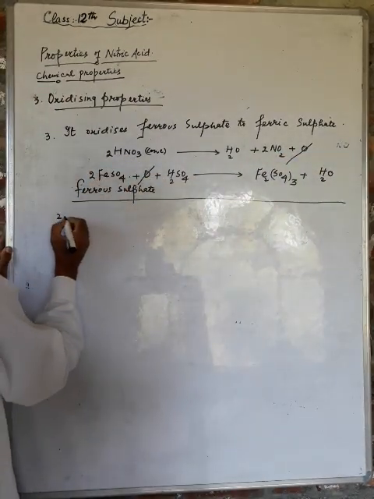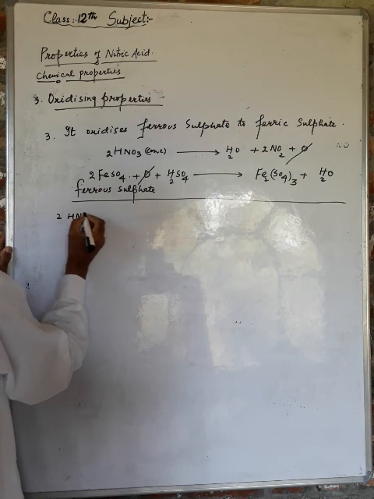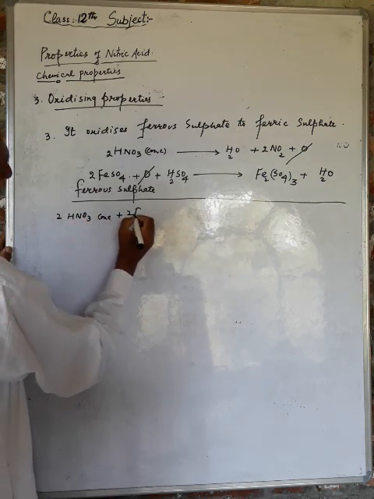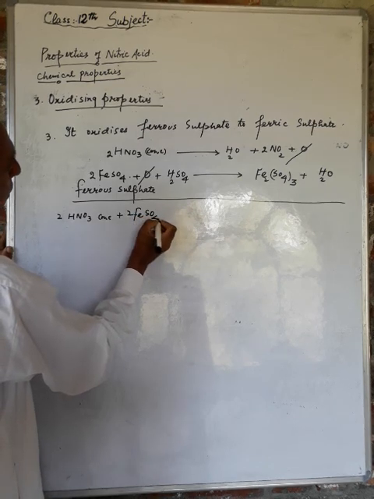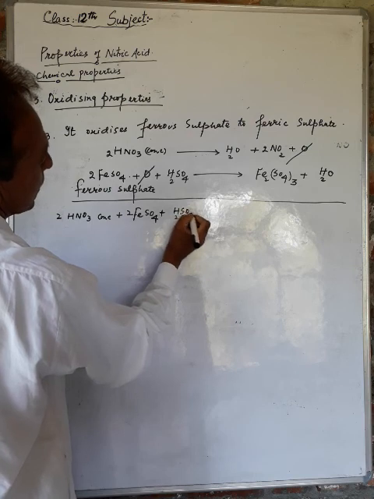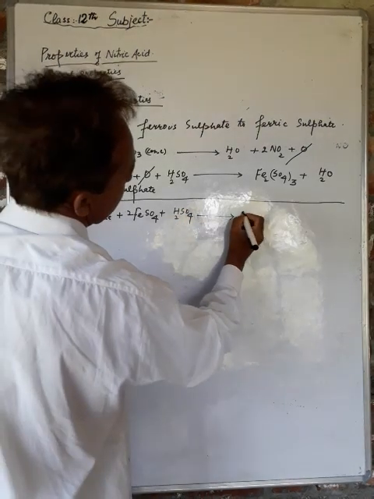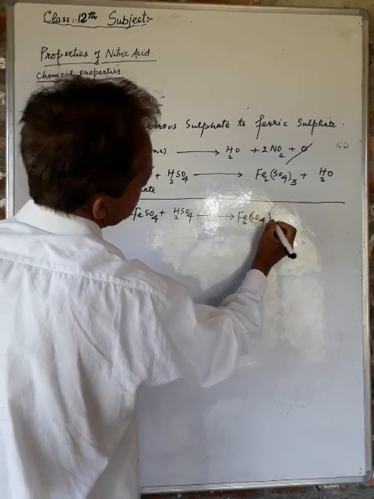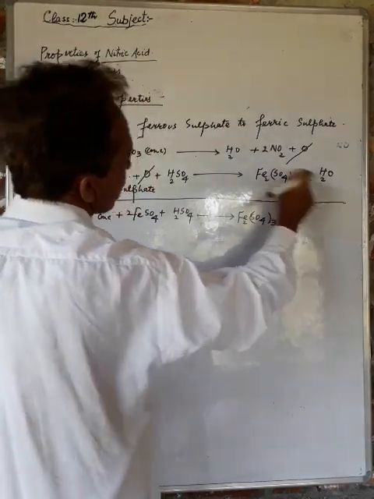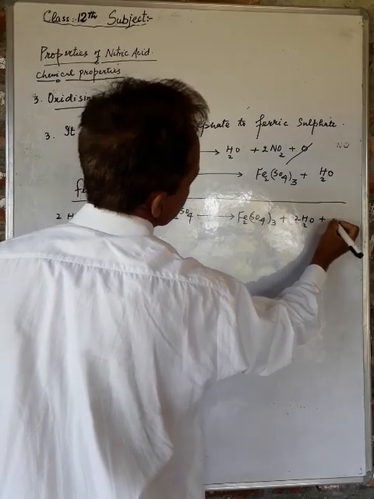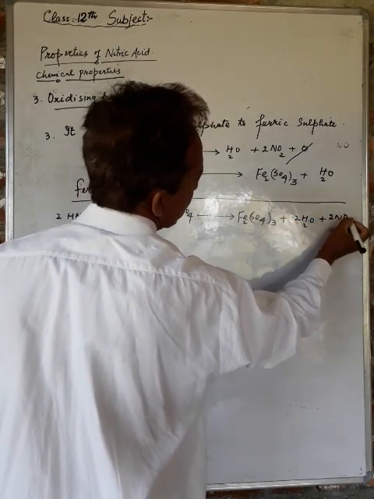Now twice HNO3 concentrated plus twice FeSO4 plus H2SO4 gives Fe2(SO4)3 plus twice water plus twice NO2.